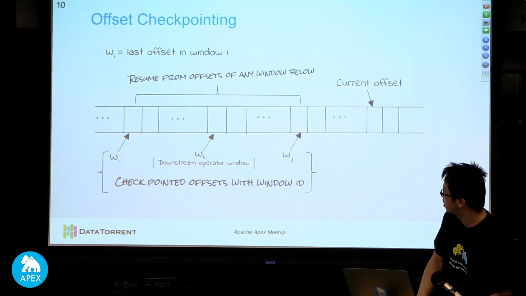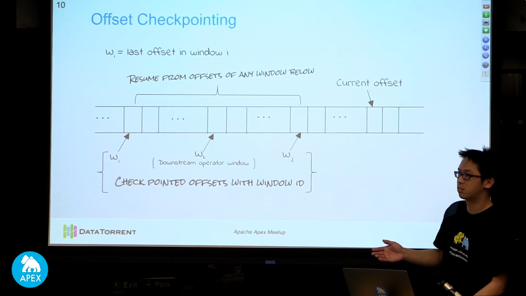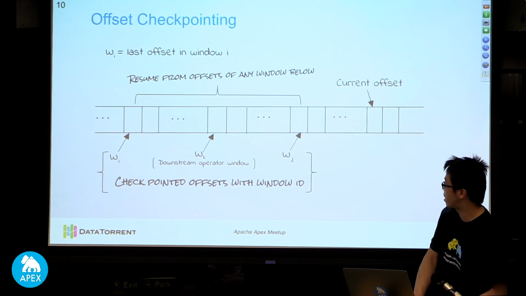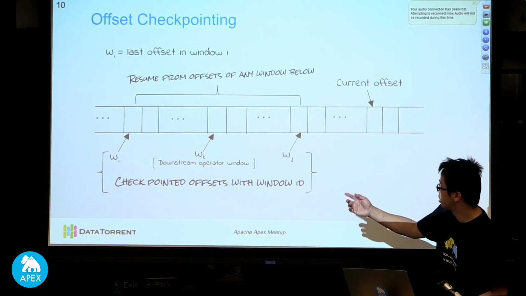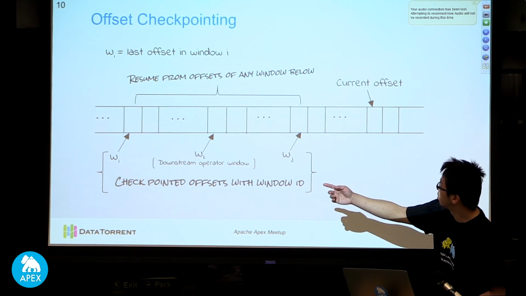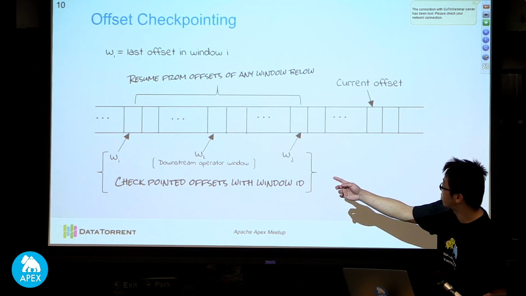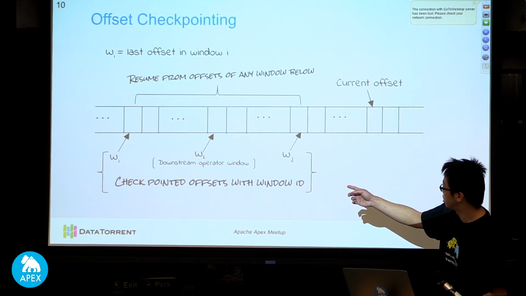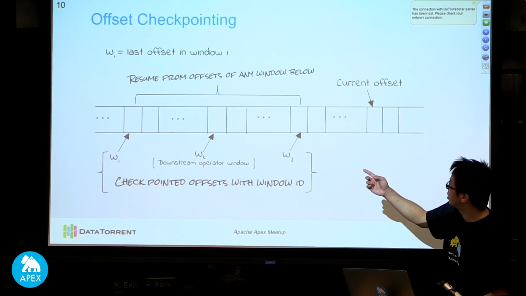And those history data are in-memory state for the Kafka input operator. And as Thomas talked about before, Apex has this checkpoint mechanism that happens periodically. It will checkpoint those history data, including the window ID with the offset, and keep it checkpointed on disk.